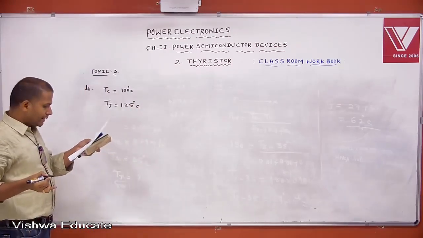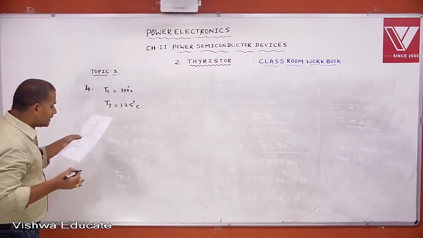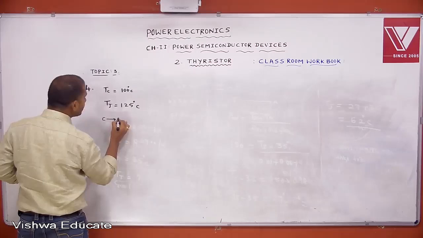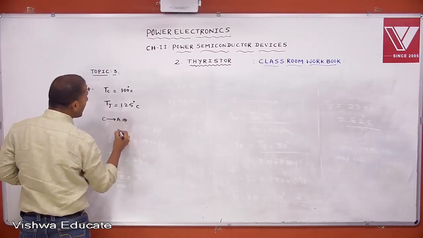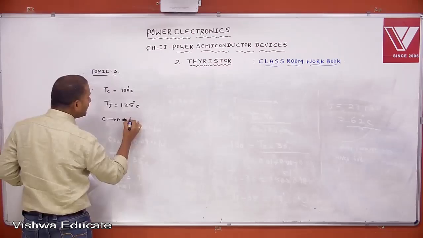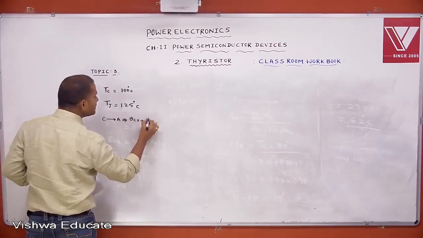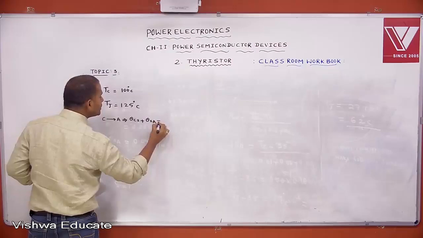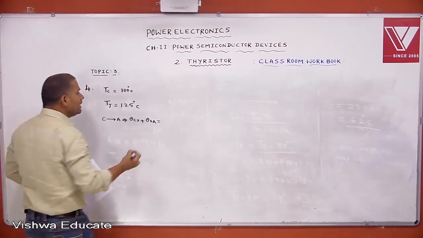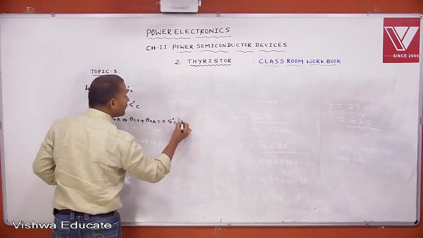And thermal resistance between case and ambient means theta casing to sink and sink to ambient. This total is given as 0.5 degree centigrade per watt.